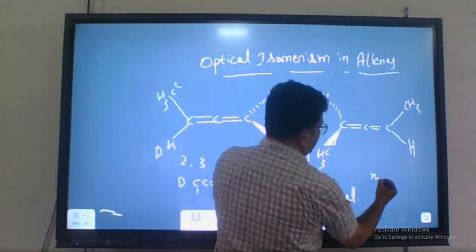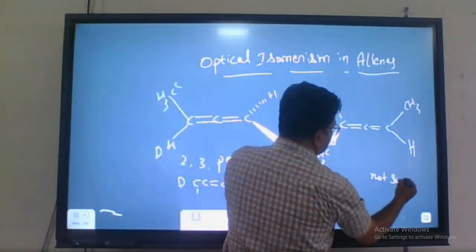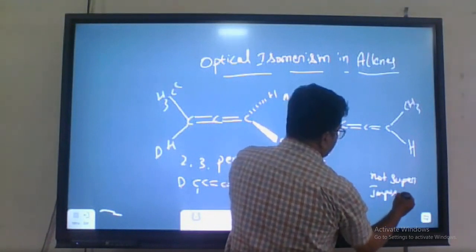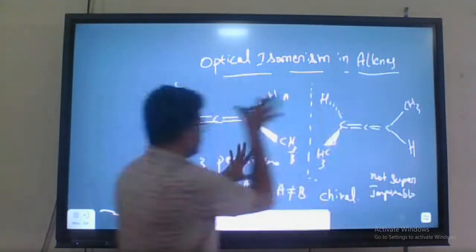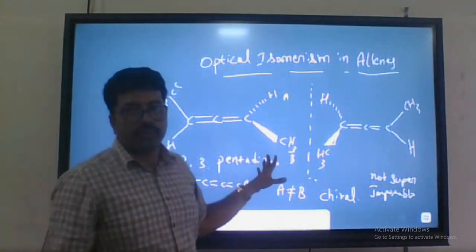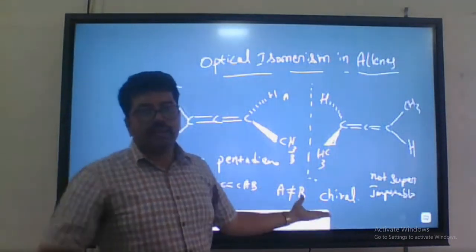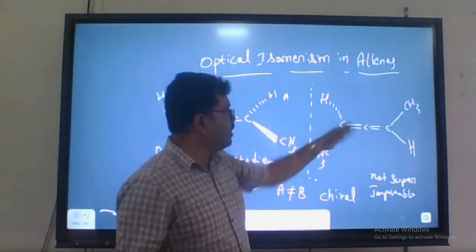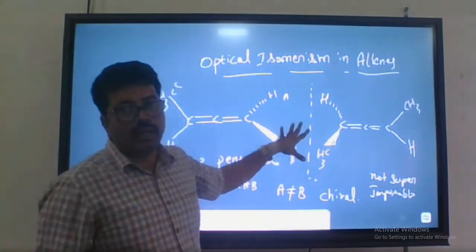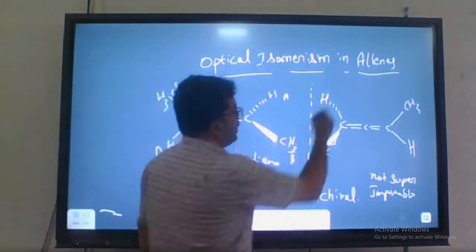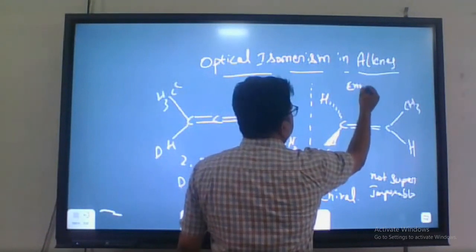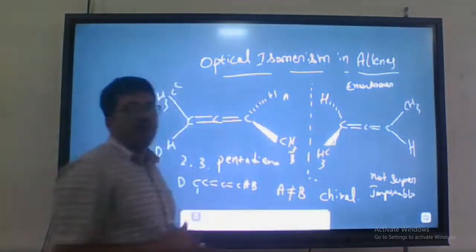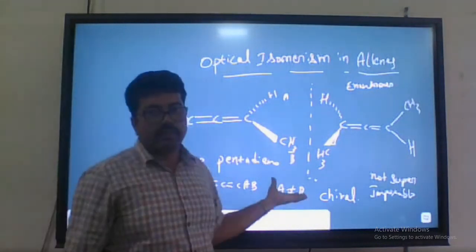It is not superimposable on its mirror image. Mirror images that are not superimposable are called enantiomers.